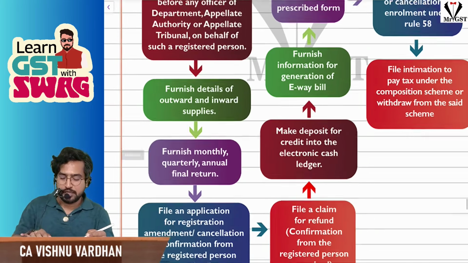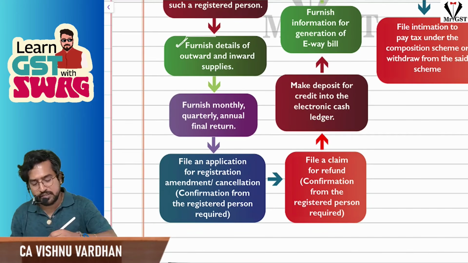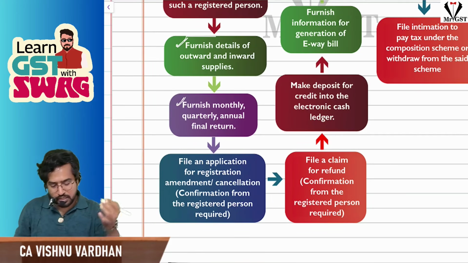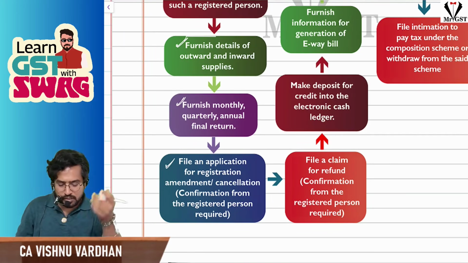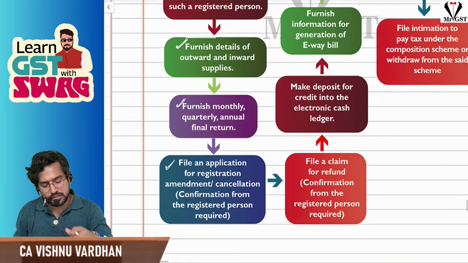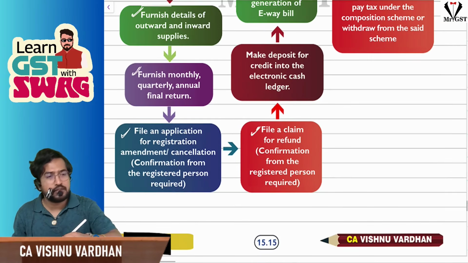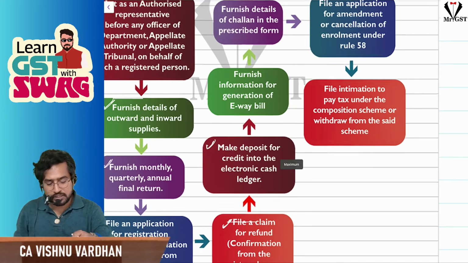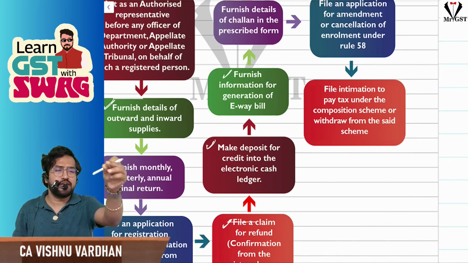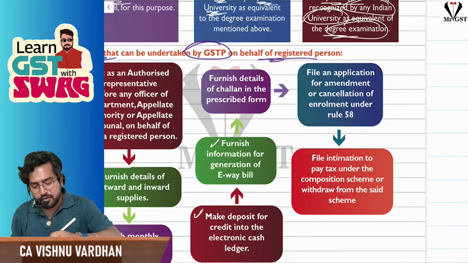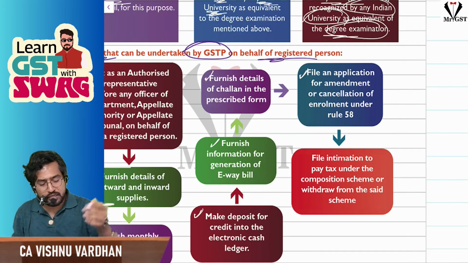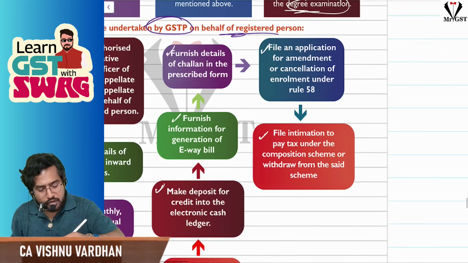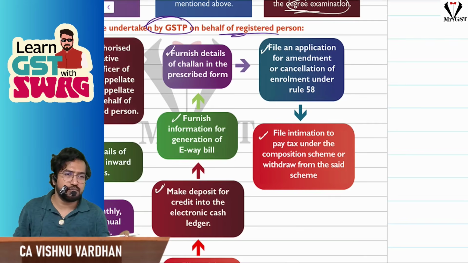Furnish details of outward and inward supplies. Furnish monthly, quarterly, annual returns. File application for registration, maybe new registration or amendment, anything. File a refund claim. Make deposit of cash into cash ledger. Furnish e-way bill. Furnish challan details. File application for amending or cancellation of their enrollment, or file intimation to pay tax under composition.